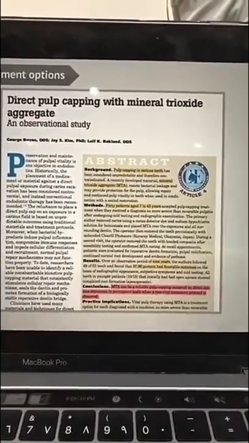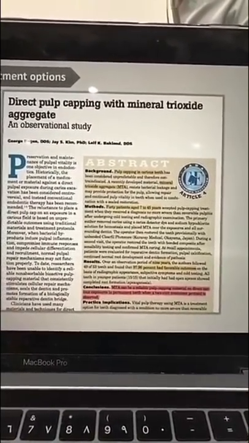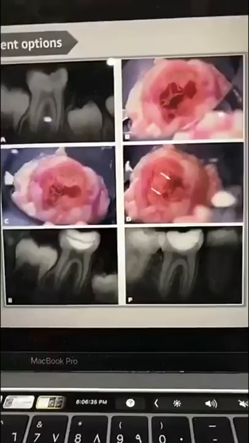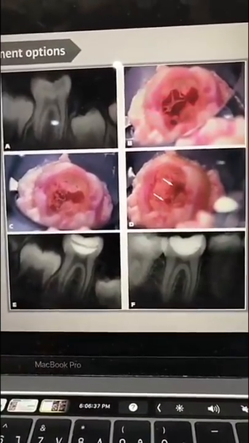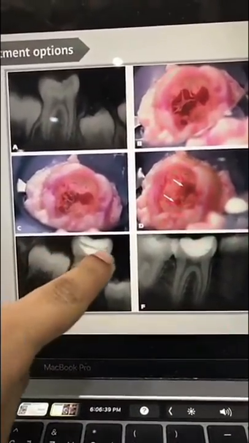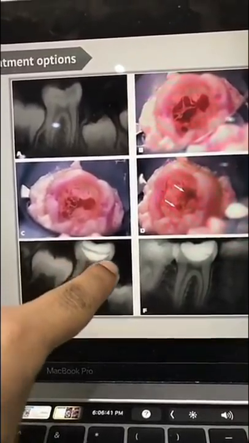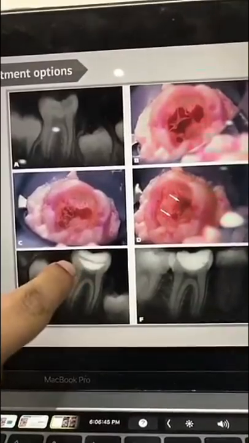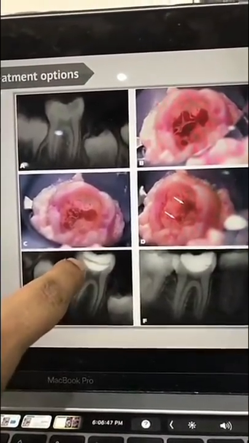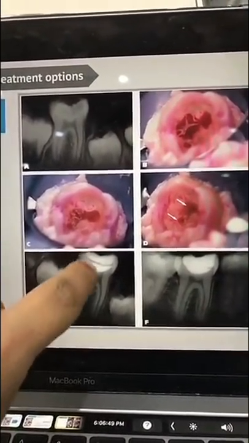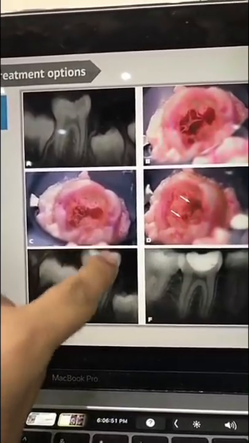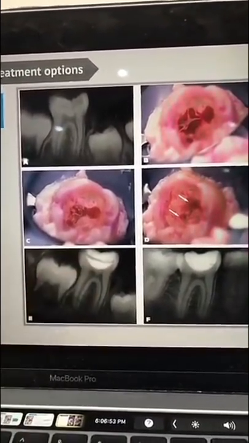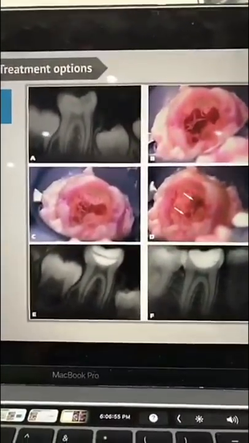And the secret to his success is actually the way he treated the cases. So what he did, he actually places a very thick MTA material to all the floor. He doesn't even leave any dentinal tubules on the side to communicate with the pulp and jeopardize the survivability of the pulp.